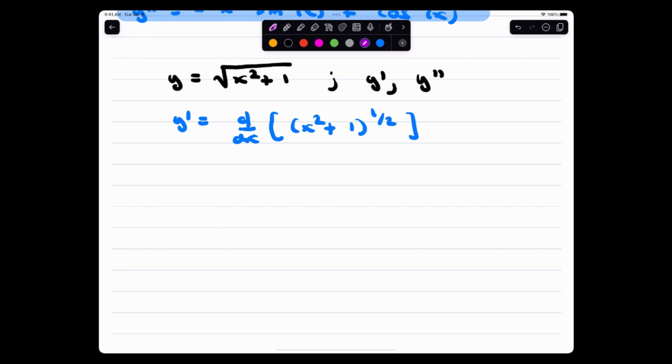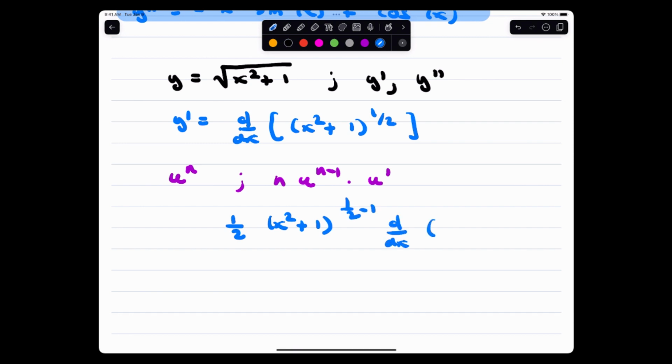Now, if you say, does the book have that? I think the book uses u. And u, don't forget u prime here. I use the triangles. So this would be 1/2 x squared plus 1, 1/2 minus 1 times the derivative of what? X squared plus 1. Okay.